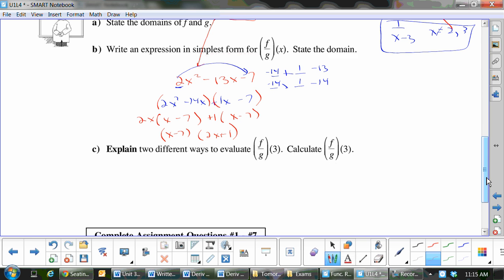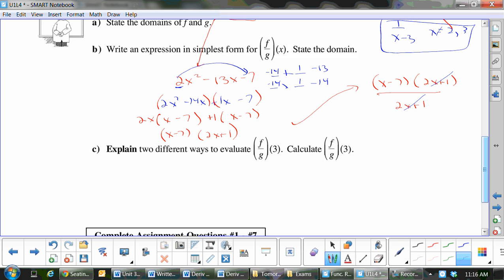So, we really haven't done the question yet. We just got the top. If we go up here, I got x minus 7 times 2x plus 1, all over 2x plus 1. Cancels, cancels.